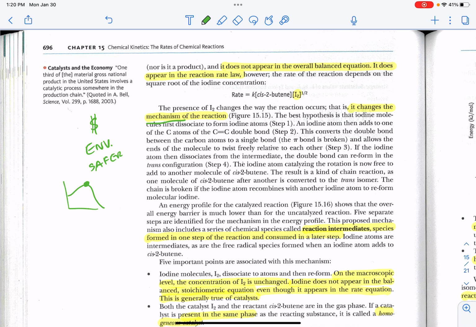Talking about the mechanism. Remember the Nassau clock reaction, where the mechanism obviously involved the formation of something golden in between when you started and when you ended.